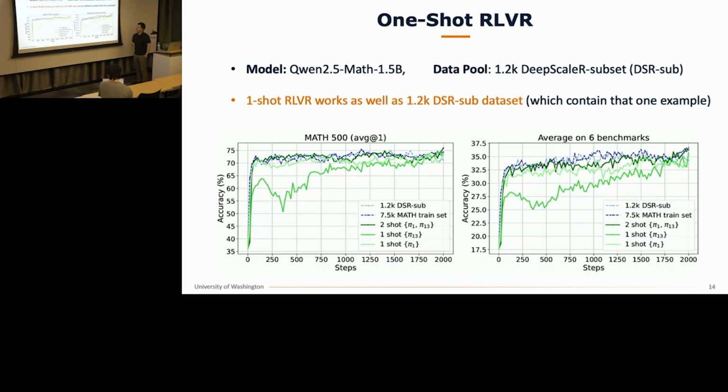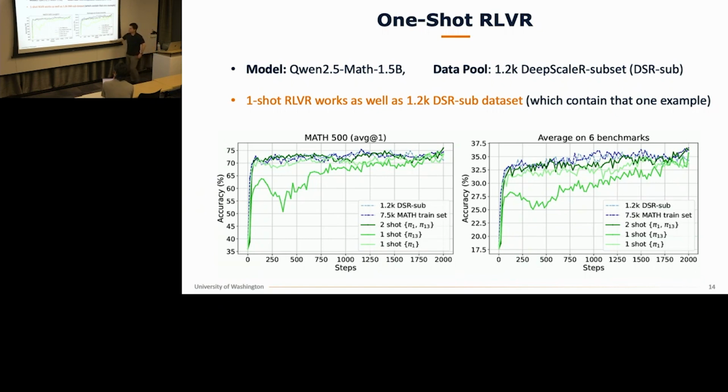Our base model in this example is Qwen 2.5 Math 1.5B, and the training data pool is this 1.2K DeepScaleR subset. It has 1.2 thousand data points, and we just select one data point from this data set.